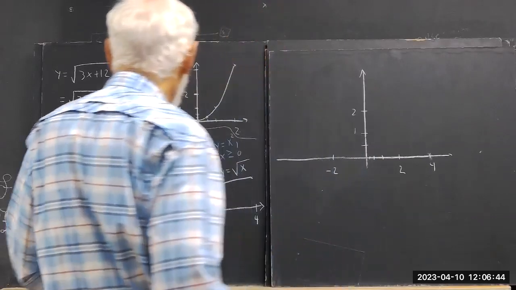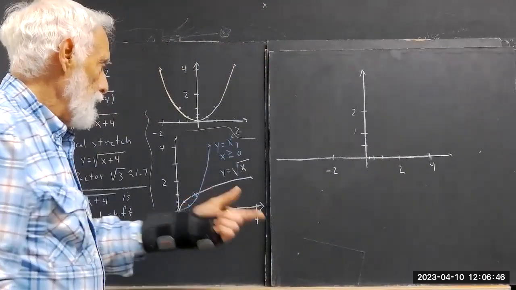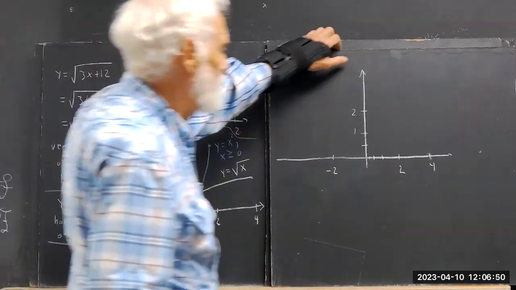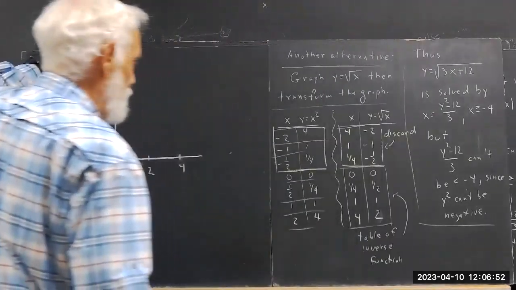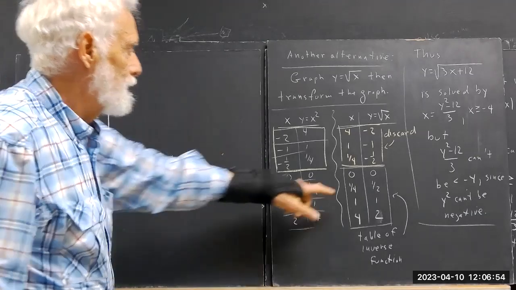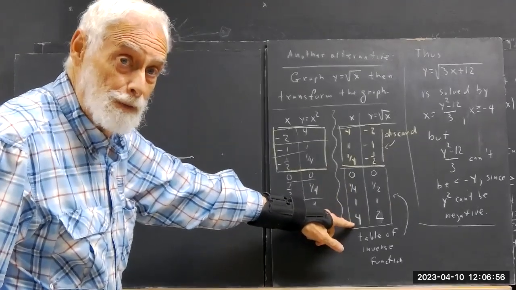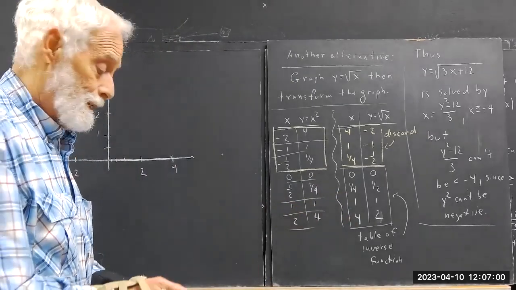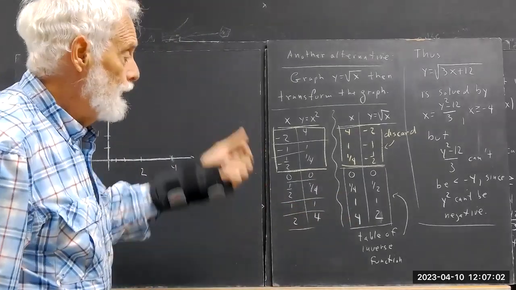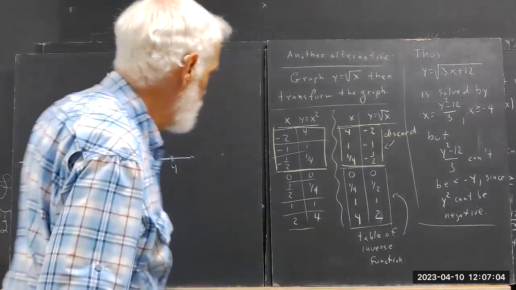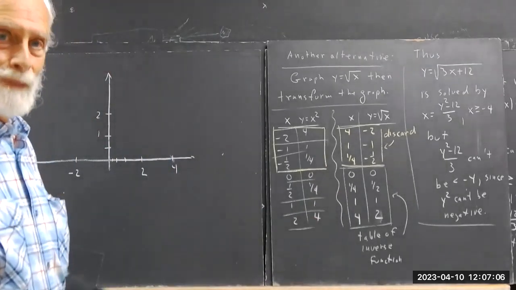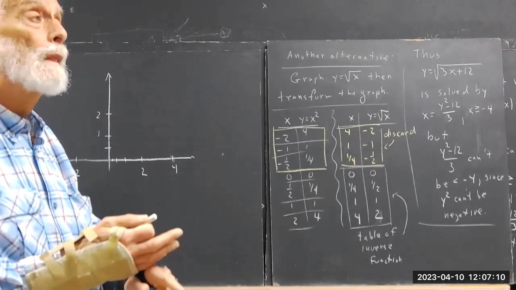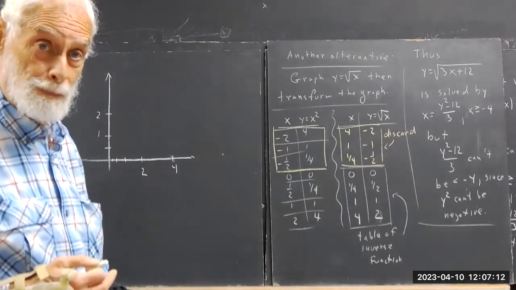I can plot my points again. I don't have the table visible right now, so let's move it over. I can look at my table again. Remember how this table came from this table by reversing. Incidentally, we call these inverse functions. It's what we always do to create an inverse function for one of our toolkit functions.